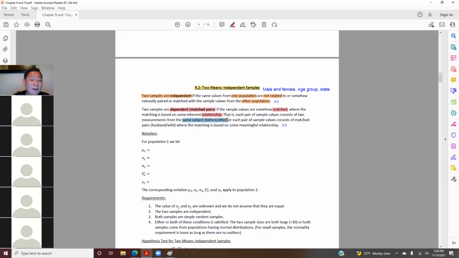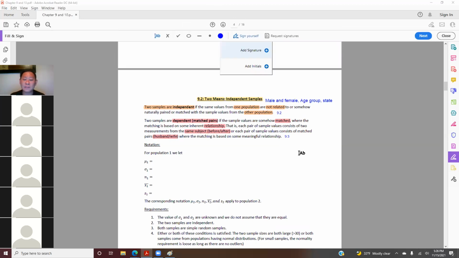An example is before and after. This is what we call dependent samples, or matched pair. An example is before and after, like weight loss. That means one person or one subject has to give me two measurements, one before and one after.